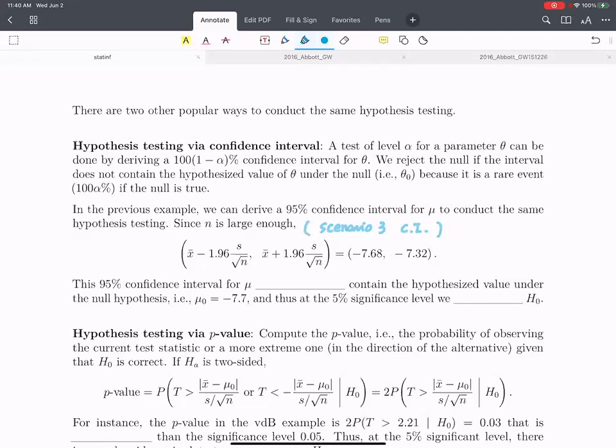Because the sample size is large, it'll be sample mean plus minus 1.96 times sample standard deviation divided by square root of n. And I calculated this confidence interval, and I checked whether negative 7.7, the hypothesized value under the null, is inside this interval or not. This 95% confidence interval for mu doesn't contain the hypothesized value under the null. And so our conclusion is that at the 5% significance level, we reject the null.